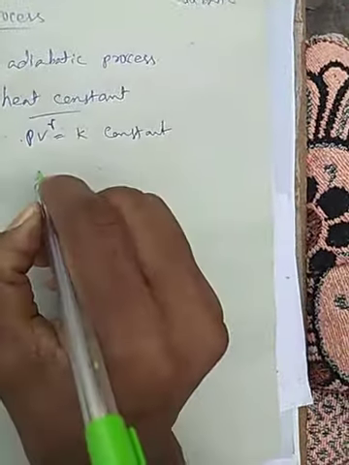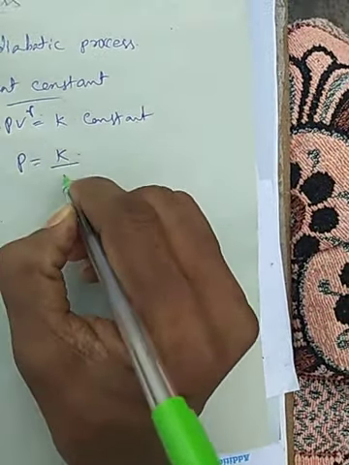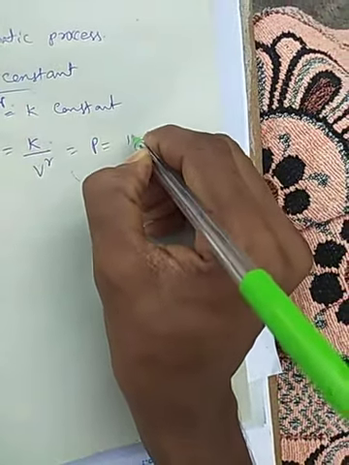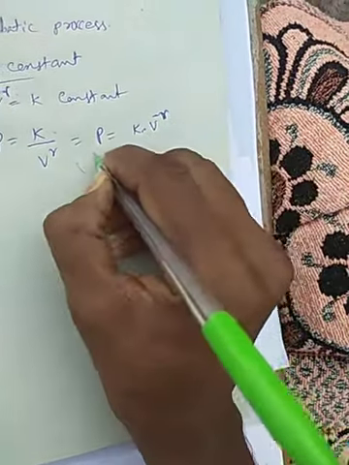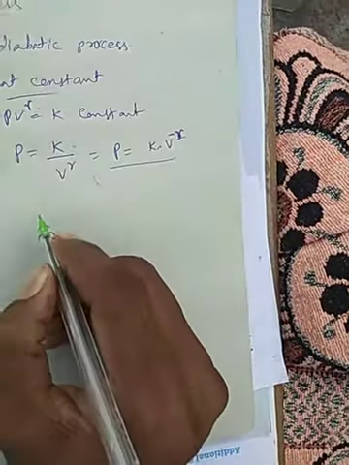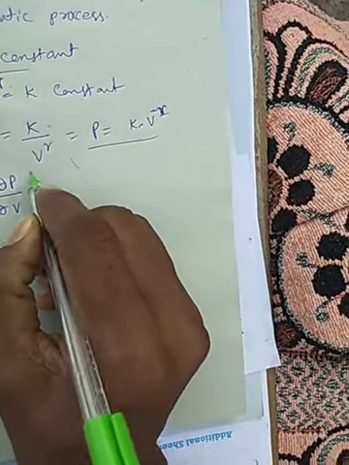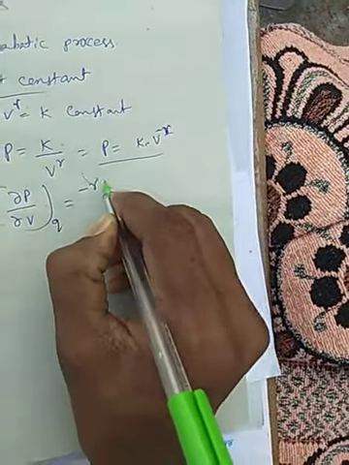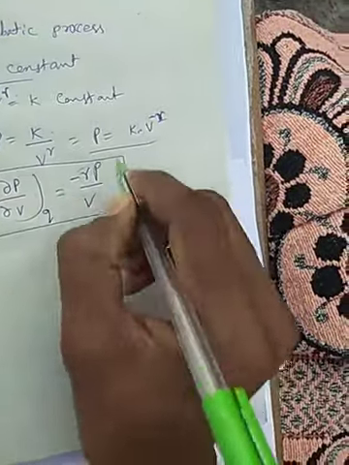Now we can write P is equal to K by V gamma, that is P is equal to K into V to the power minus gamma. Now we can write dou P by dou V at constant heat as minus gamma P by V. This is the equation we can learn.